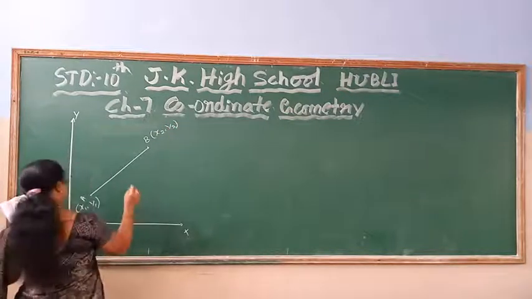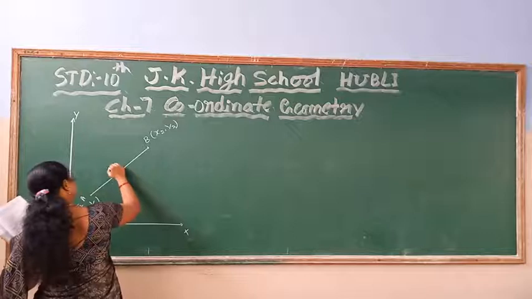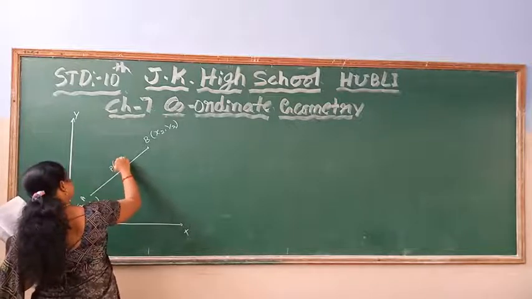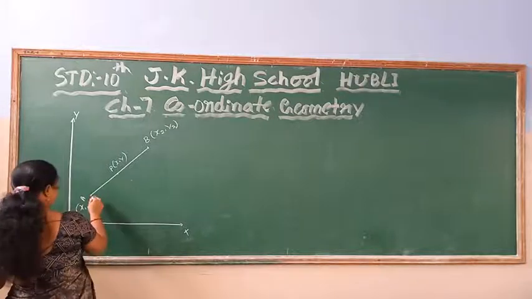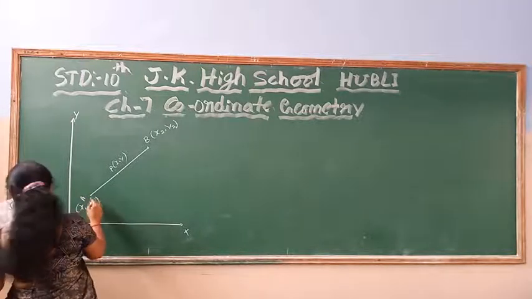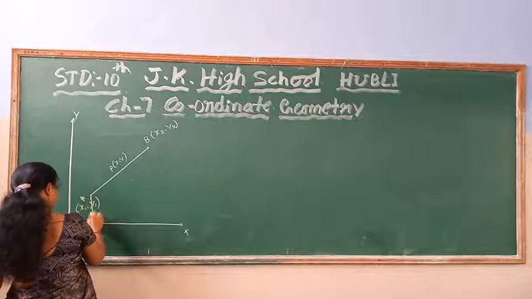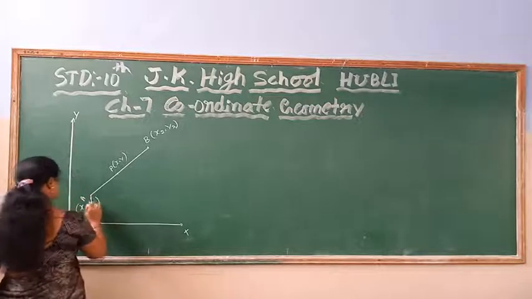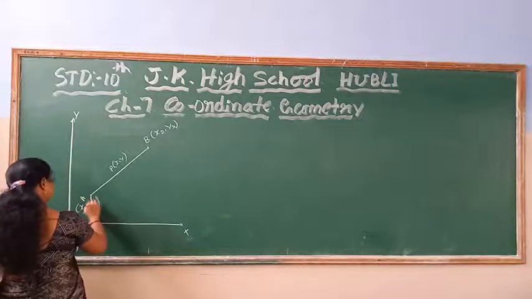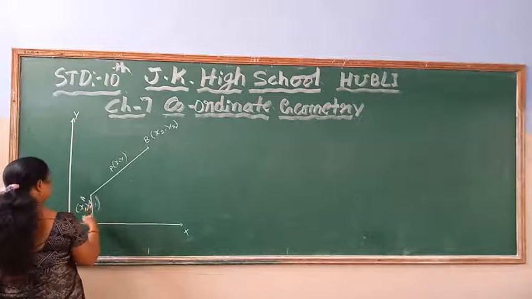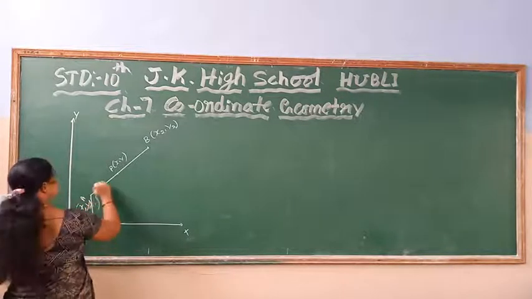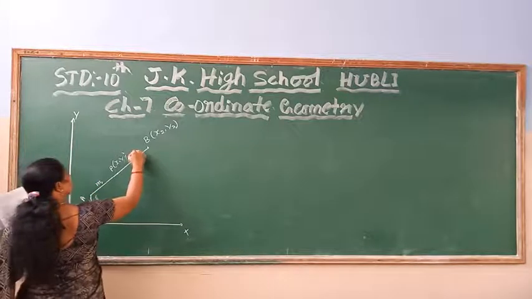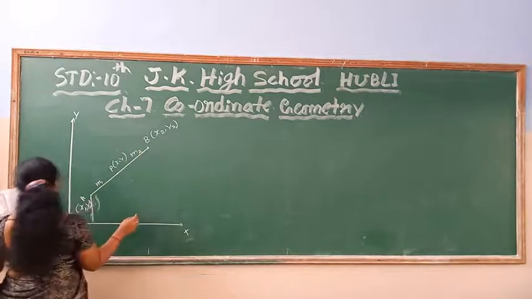And the point P is dividing this line. Let the coordinates of P be x, y. We can find the coordinates of P when it is dividing the line in the ratio m1 is to m2.